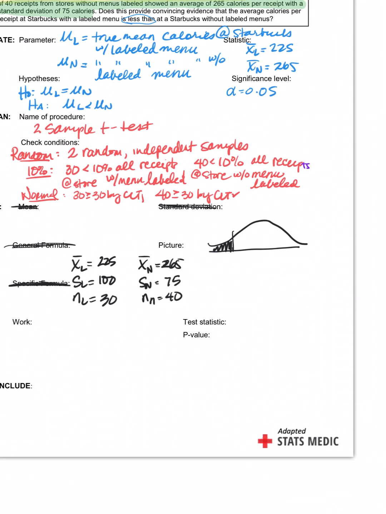All right, and I'm going to use my two-sample t-test in my stat menu. So number 4.